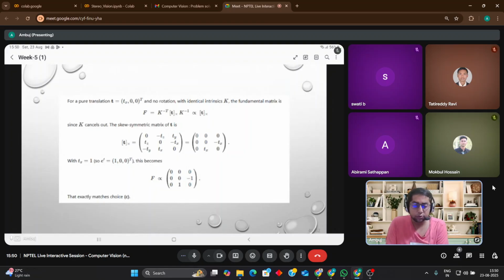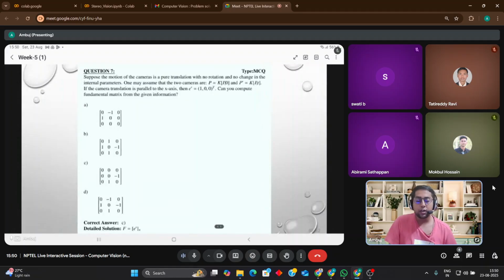If you compute the skew-symmetric matrix T, very easily you would be able to match it with the particular option. Nothing else you have to do, you just have to compute this skew-symmetric matrix.